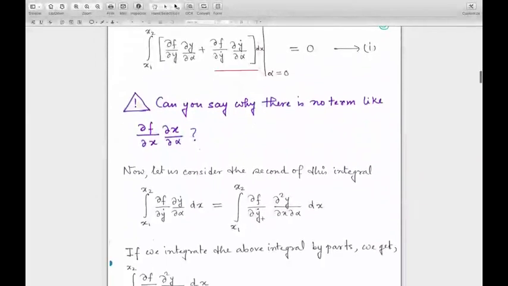Now let us consider the second term of this equation. If we notice this term, we will see del/del alpha of y dot is equal to del/del alpha of dy/dx. Now y is a function of x and alpha, and there is no implicit dependence between x and alpha. They are completely independent.